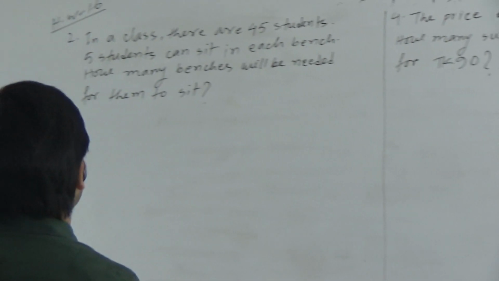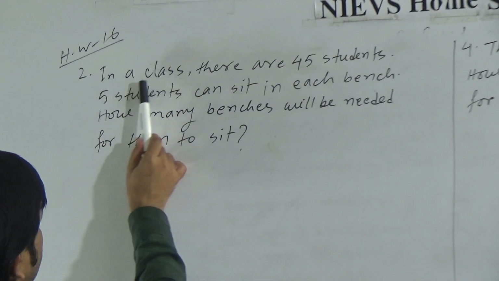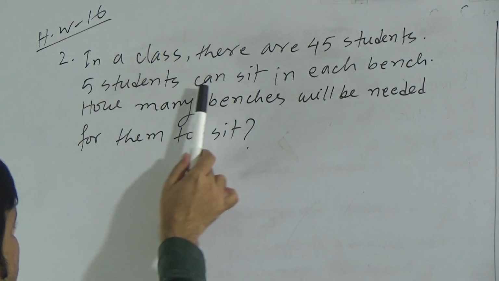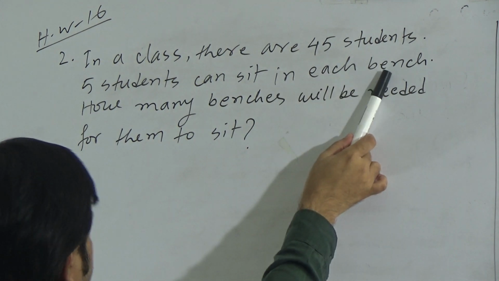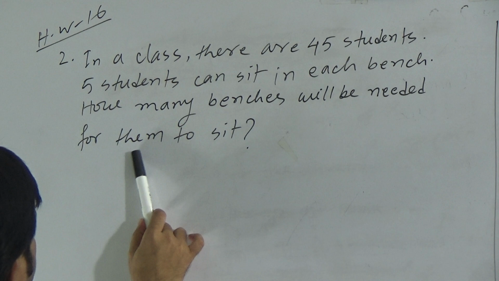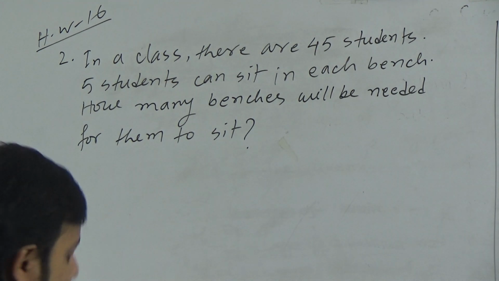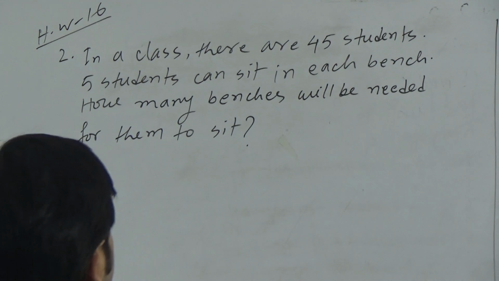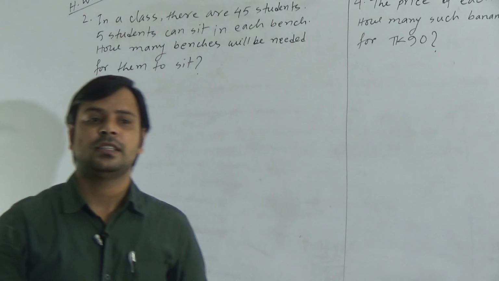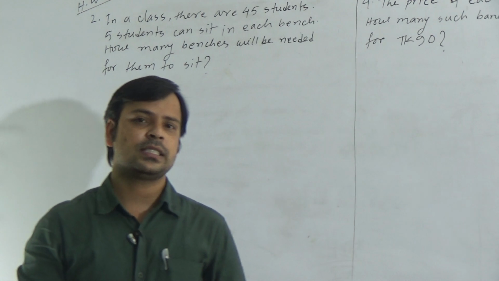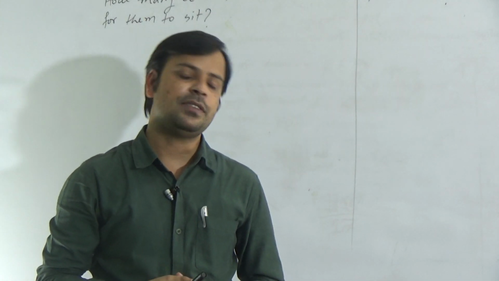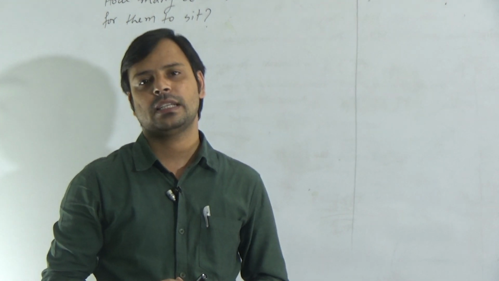Our first question, question 2. In a class, there are 45 students. 5 students can sit in each bench. How many benches will be needed for them to sit? It means that the number of benches we have to find out here. Total number of students is 45 and 5 students can sit in each bench.